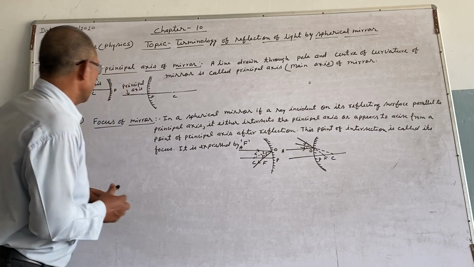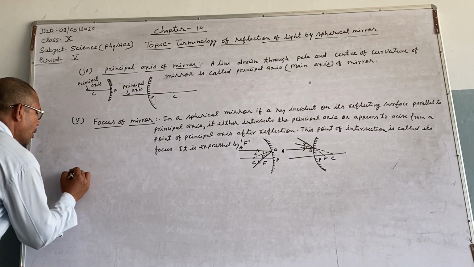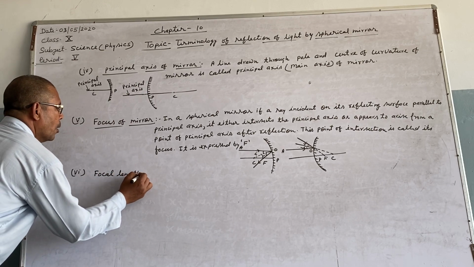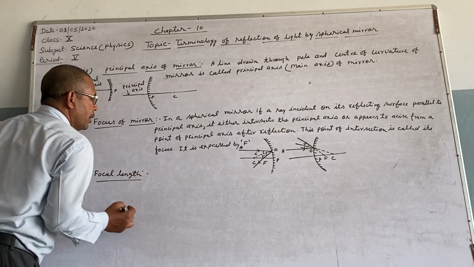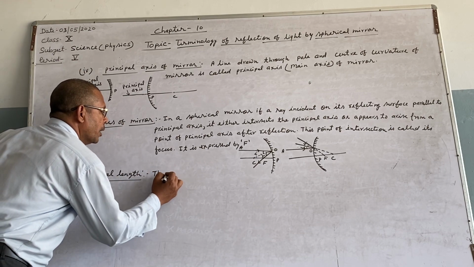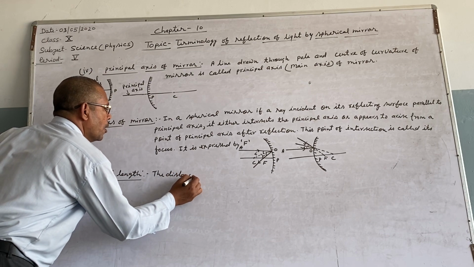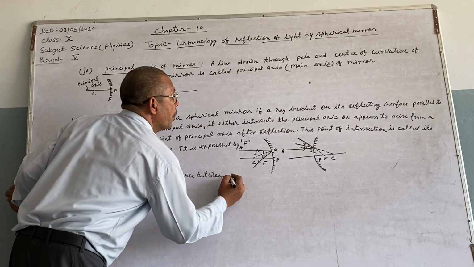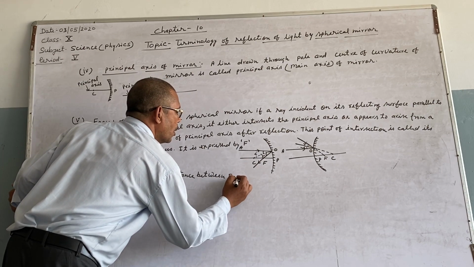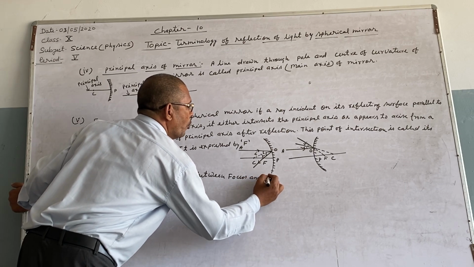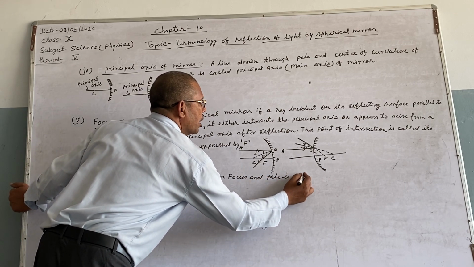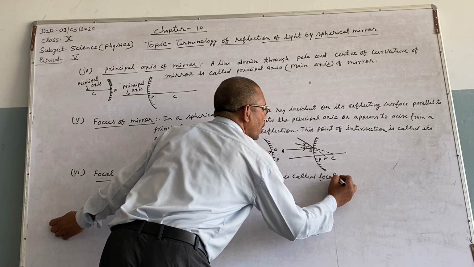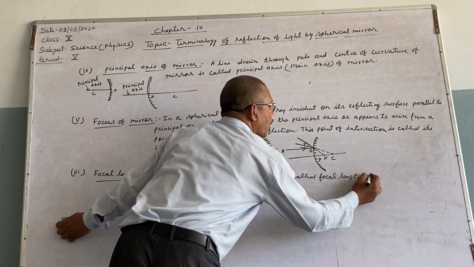And the last point, see here, focal length. The distance between focus and pole is called focal length of the mirror.